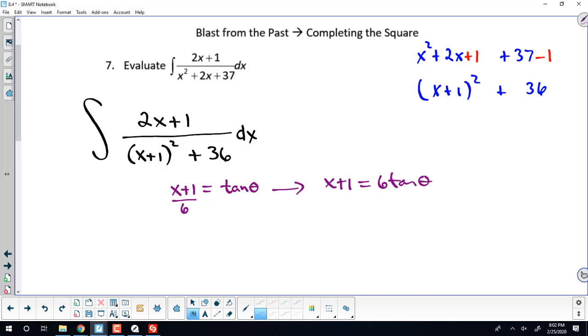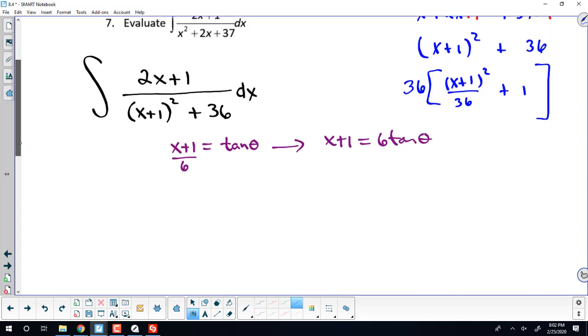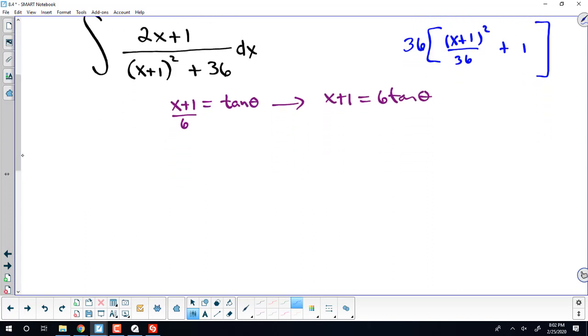Do y'all agree we could do that? Take this thing right here, factor this 36 out, x plus 1 over 6 squared plus 1. Okay. Since that was the suggestion, let's continue with that and see what happens here.